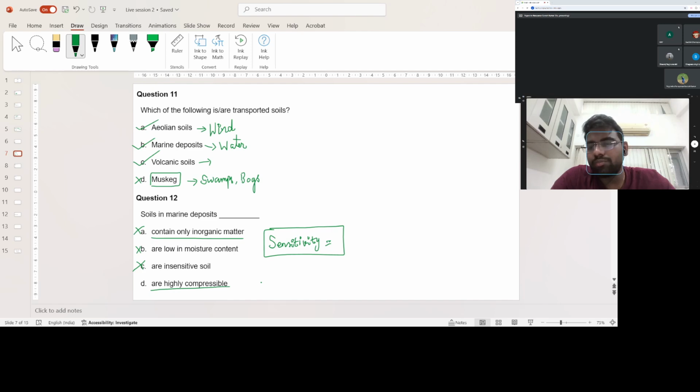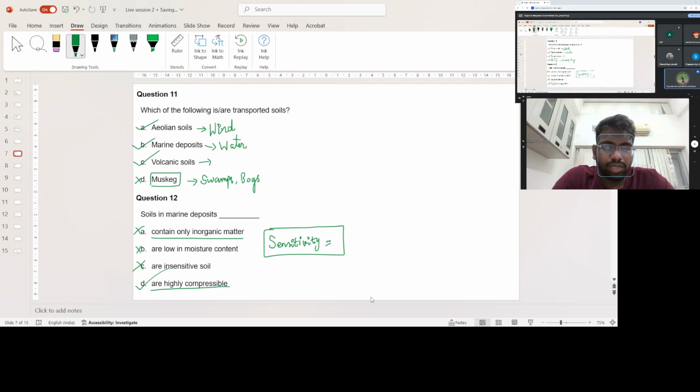Both are fairly high in marine deposits. So the right option is highly compressible. I hope I am clear.